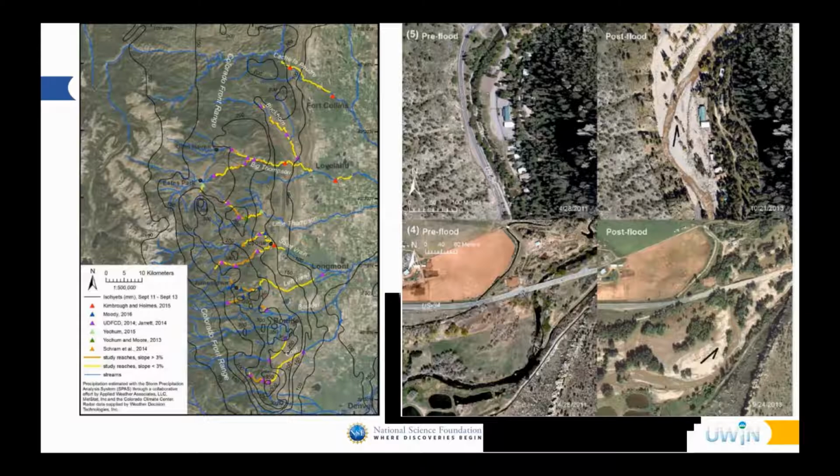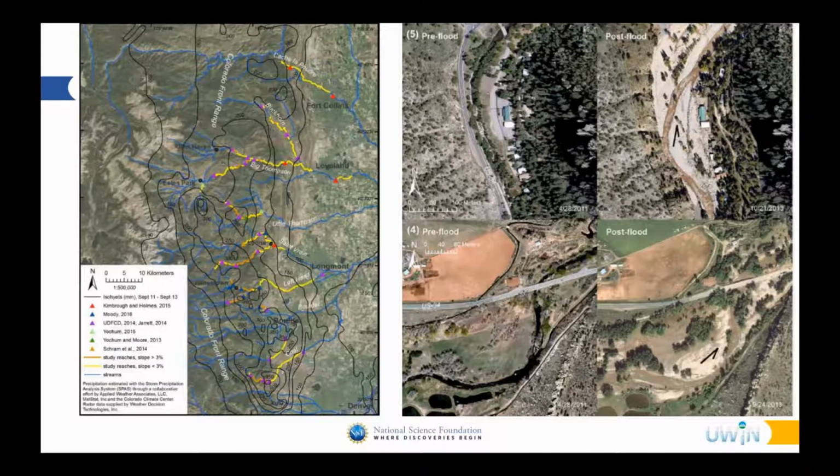Basically, in terms of trying to understand how channel dynamics may play into flood hazards, we used the September 11 through 13, 2013 floods along the Colorado Front Range as a case study to look at relationships between hydraulic metrics, specifically stream power, and different styles and degrees of channel change as a result of those floods, which occurred in a lot of different geomorphic settings along the Front Range.